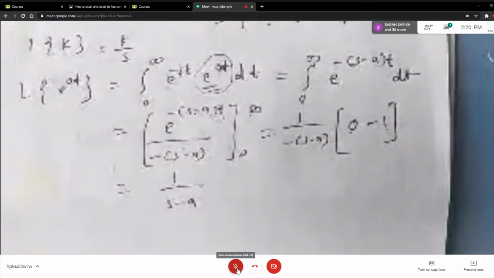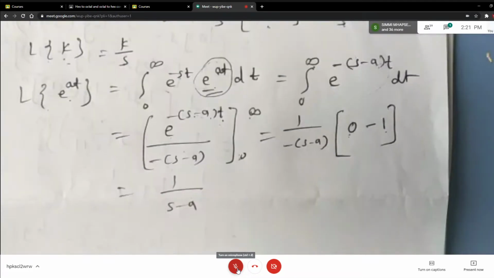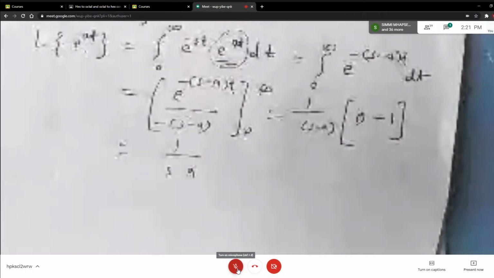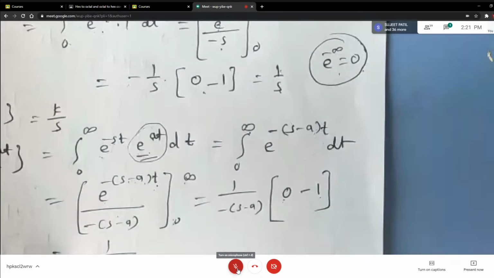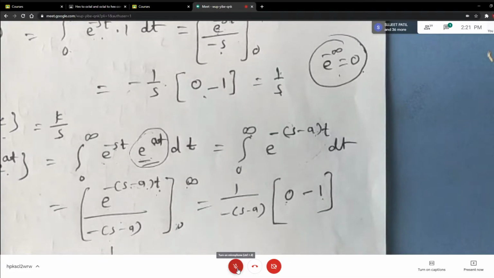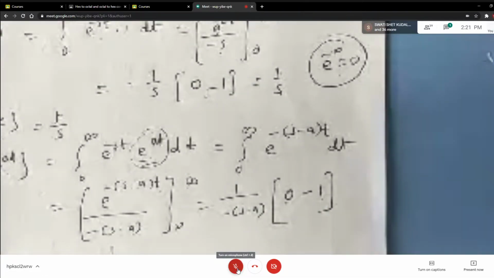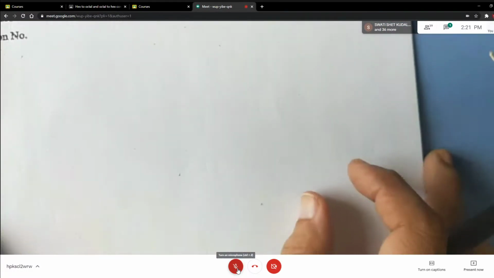Now I told you this just to understand how you get the Laplace transform. But basically, students, we remember one table and using that table we solve the problems. So you can take down this formula table.